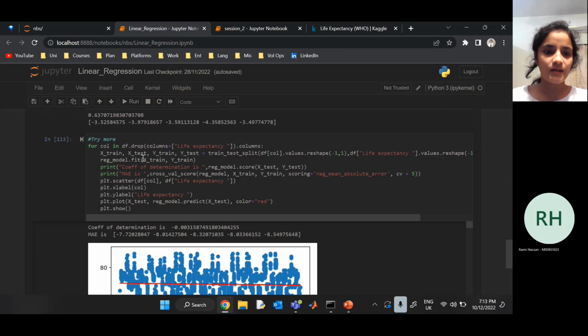We fit it to that data, and I print the coefficient of determination for each one, using dot score to get that. And then I want the MAE as well, so I do the same step, cross validation score. I send it all this information and mention cv=5. Same steps that we followed. The only difference is instead of sending the whole data set, I sent only one single column.